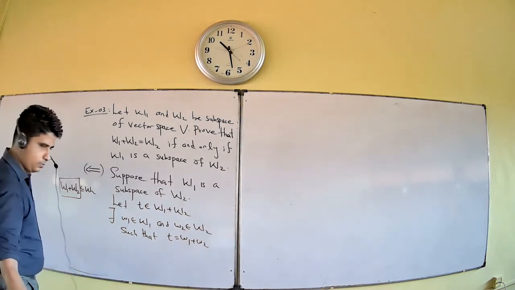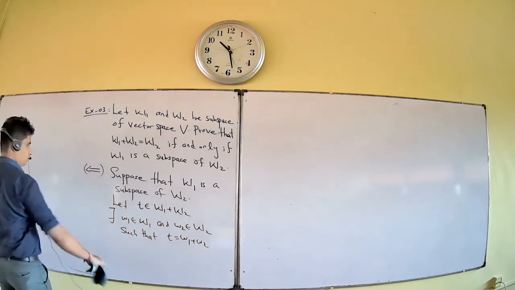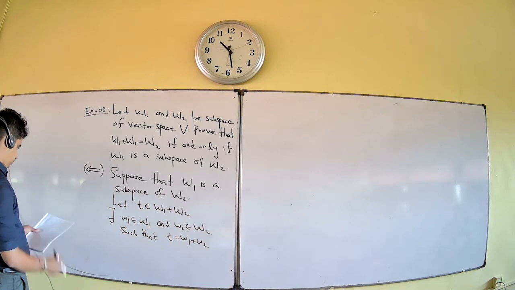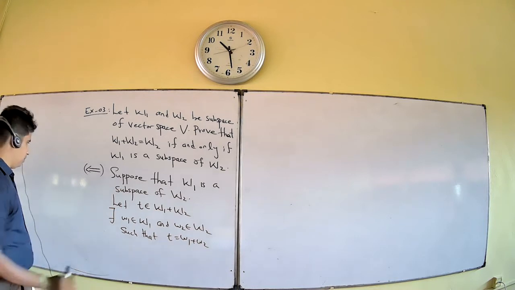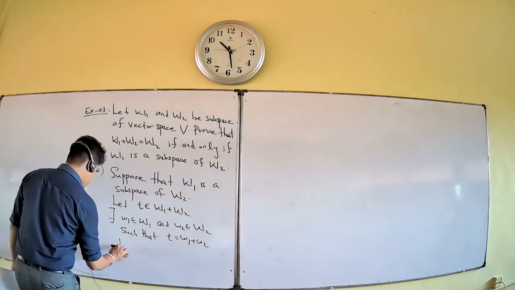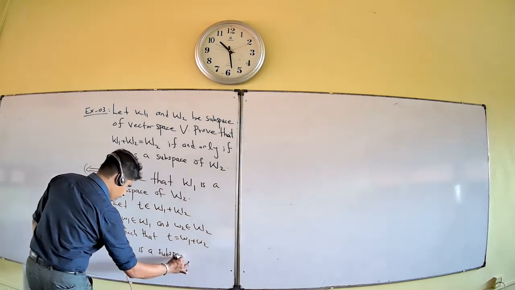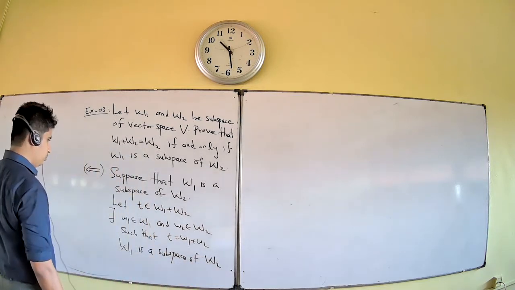Okay. So W1 is a subspace of W2, no? W1 is a subspace of W2.